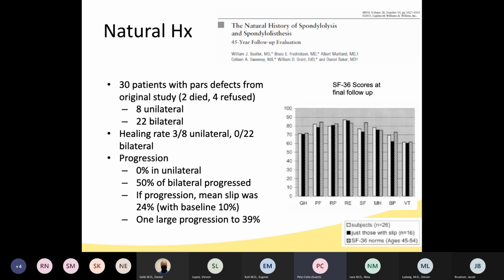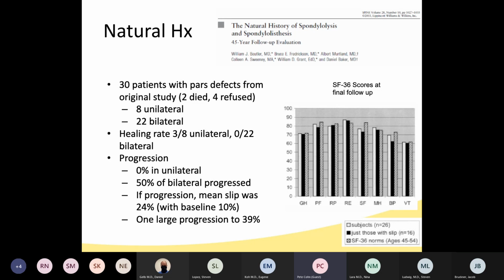So what is the natural history of these patients with spondylolysis? This was a study that followed 30 patients from an initial study for 45-year follow-up. They had 8 patients with unilateral pars defects and 22 with bilateral defects. 3 of the 8 unilateral defects healed and none of the bilateral defects healed over the course of the study.